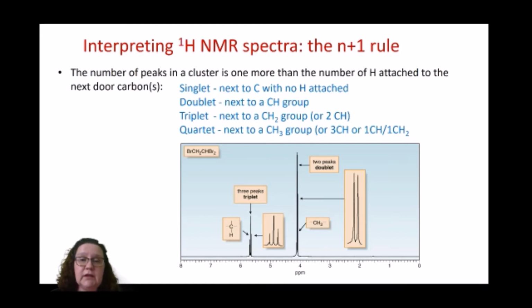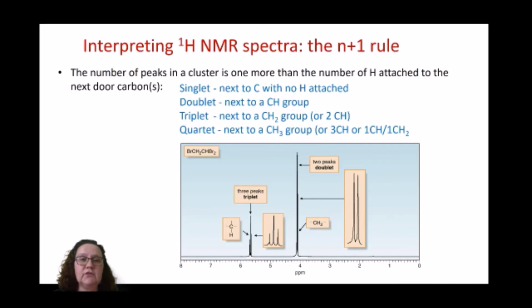And finally, if we have, for example, a quartet, then typically the neighboring carbon has 3 hydrogens, it's a methyl group. Or it could also be that there are 3 neighboring carbons surrounding the carbon attached to the hydrogen, and each of them has 1 hydrogen.